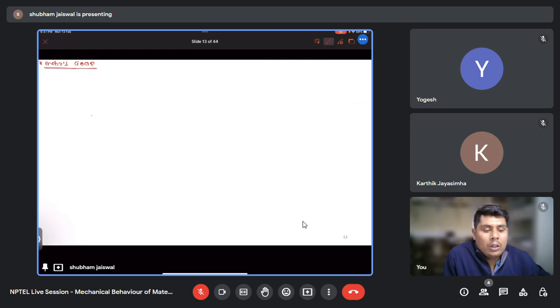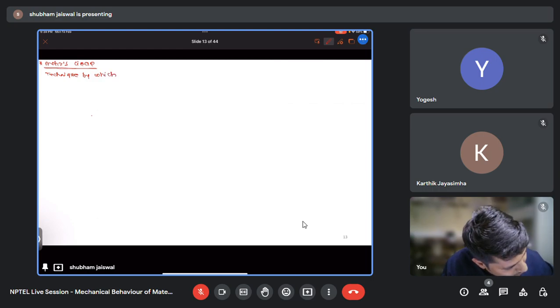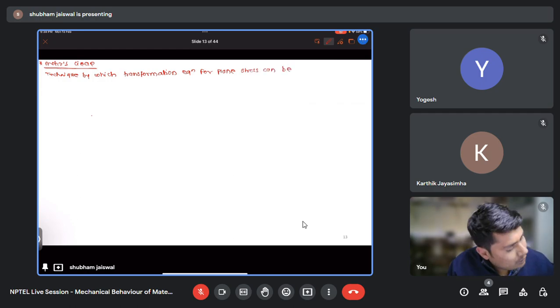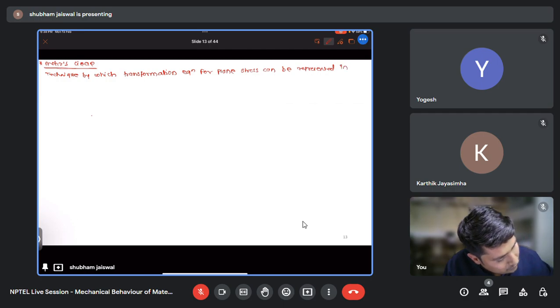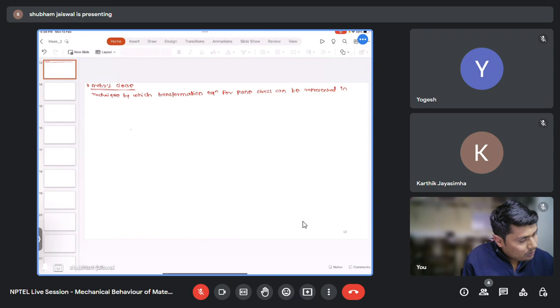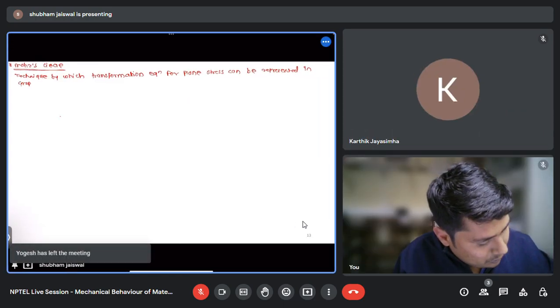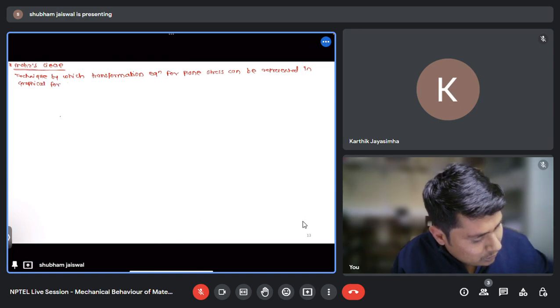It is a technique by which the transformation equation for plane stress can be represented in graphical form, or in the form of a circle.